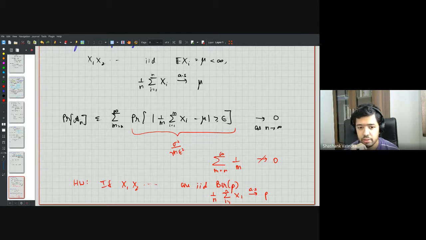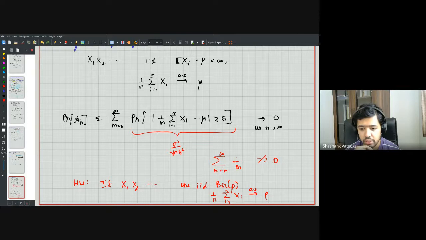All right. And once again, these are two statements, one which deals with almost sure convergence, one which deals with convergence in probability. And if you've seen the central limit theorem, then that is a statement regarding convergence in distribution.